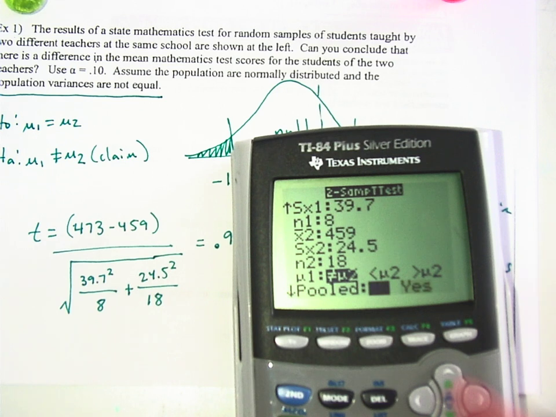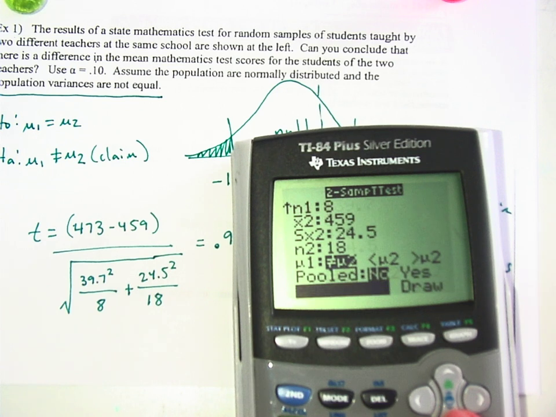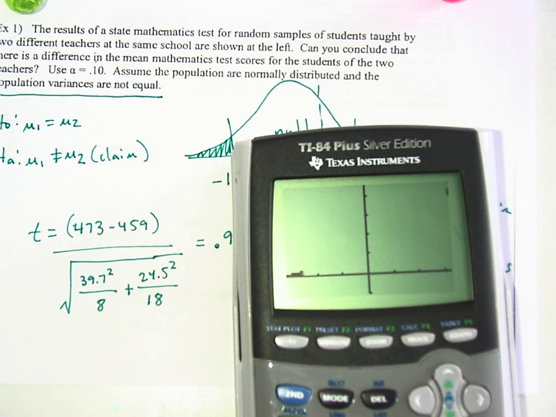No, the variances are not equal, it is not pooled. If it doesn't match, then you must not have typed in your numbers right. Go to stat, tests, and then compare your calculator to the screen.